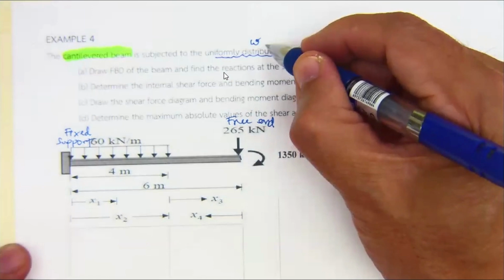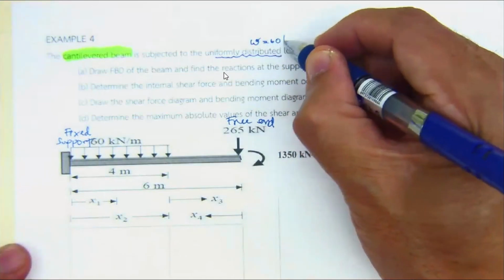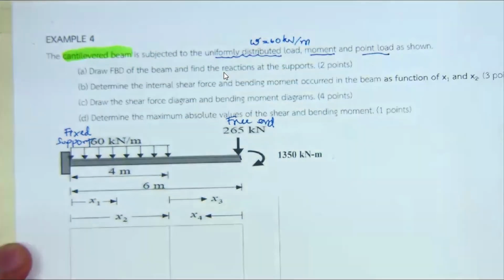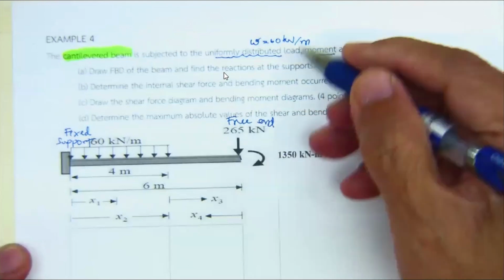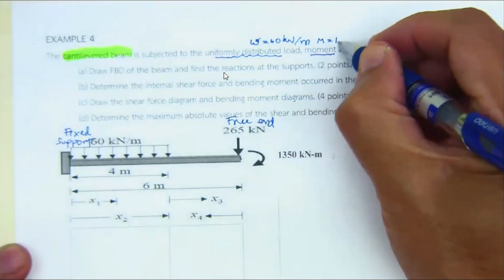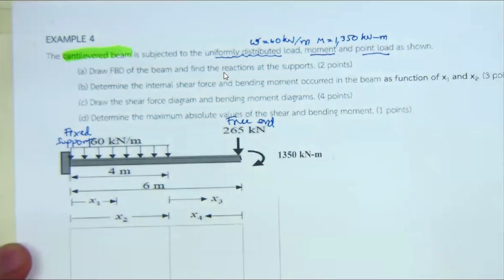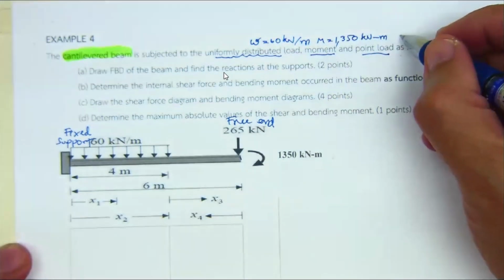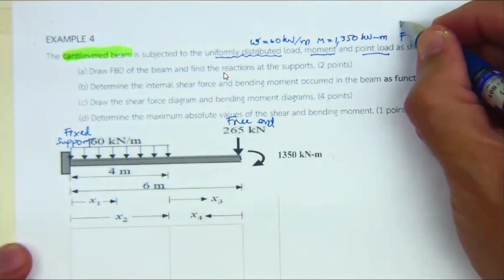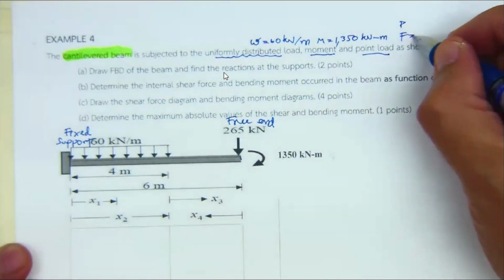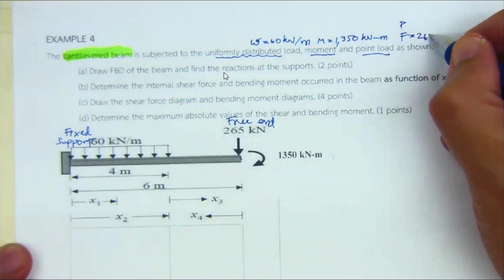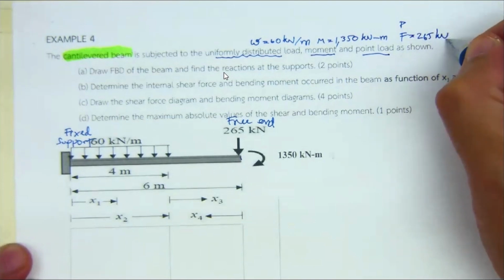Uniformly distributed load of 60 kilonewton per meter and the moment M equal to 1,350 kilonewton meter and the point load. You may call it F. Some people may call it P. Whatsoever, it is going to be 265 kilonewton.